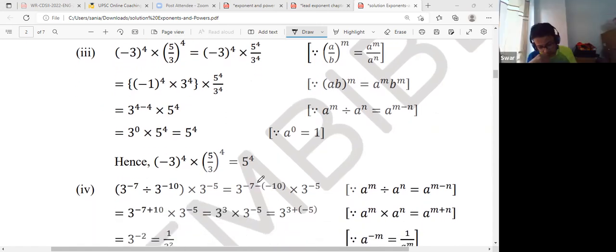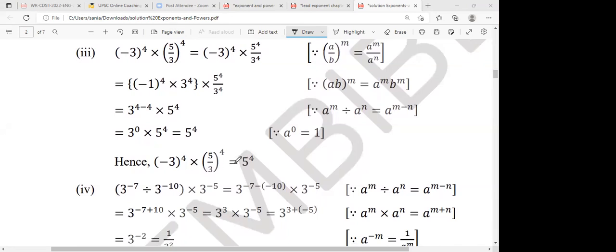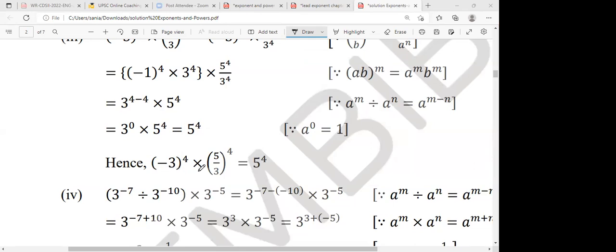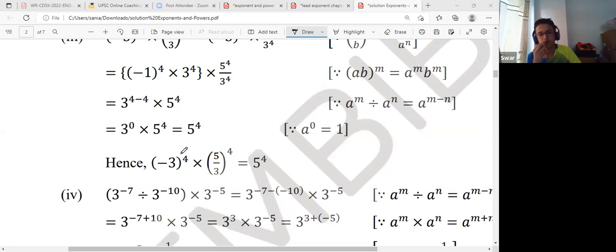Ma'am, because minus 1 multiplied by 5 is minus 5. But how can it be a minus 5 square? Ma'am, because you have to multiply the bases, right? So minus 3 multiplied by 5 upon 3: minus 3 and 3 will be cut, minus 1, and that will be 1. Then minus 1 multiplied by 5, minus 5.